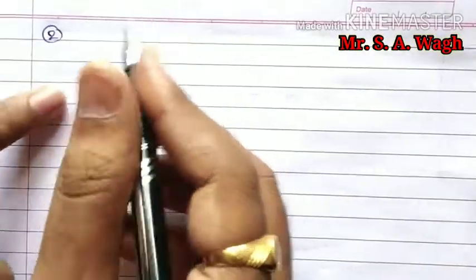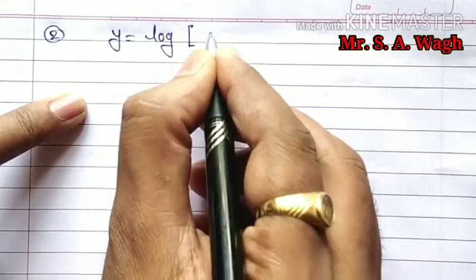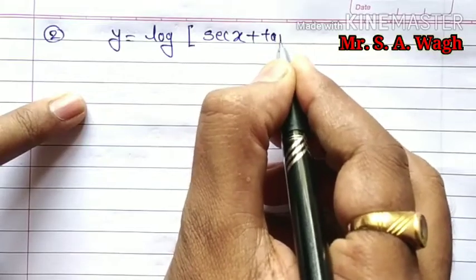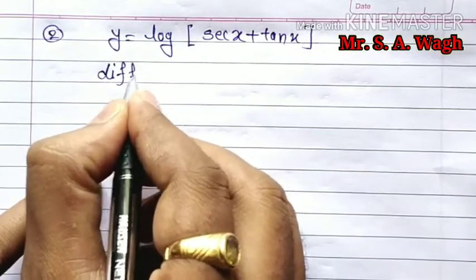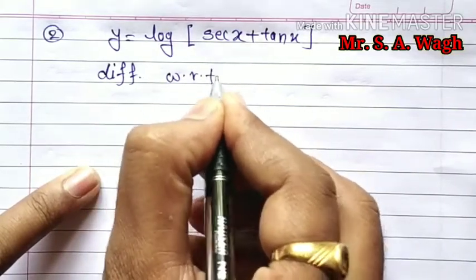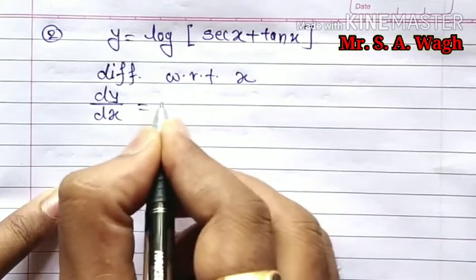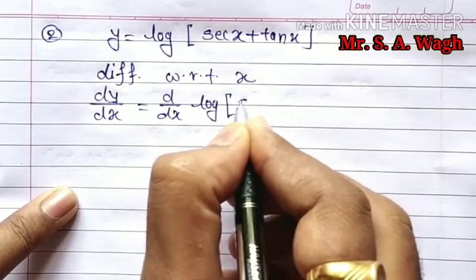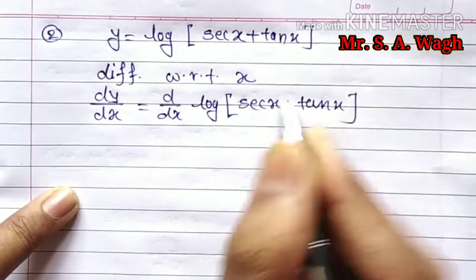Here let me consider another function, y equal to log of sec x plus tan x. We have to differentiate, so we differentiate this with respect to x, and we get dy by dx on one side, and on the other side d by dx of log of sec x plus tan x.